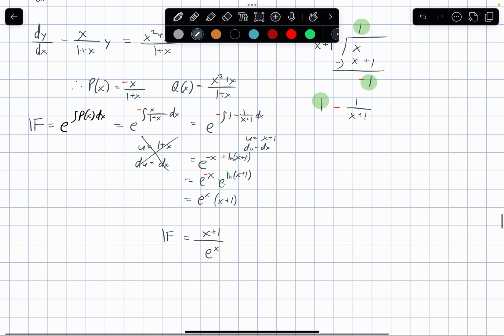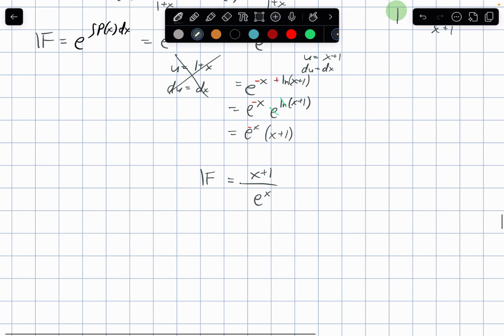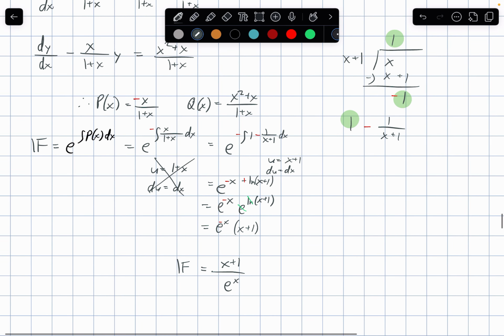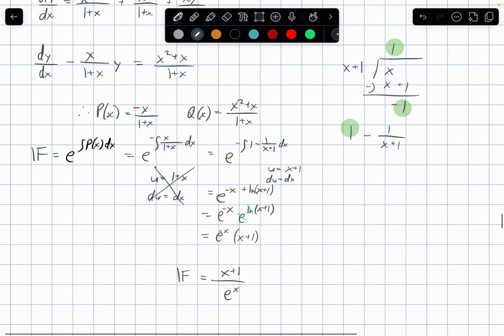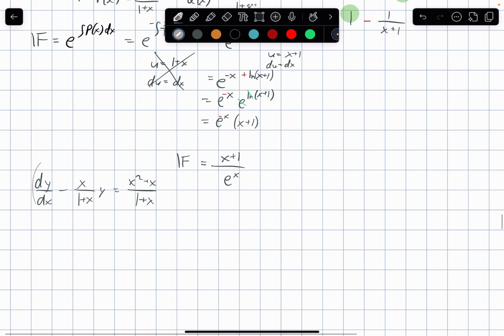We're good. Now that we have identified the integrating factor, let's write again the standard form. That is dy over dx minus x over 1 plus x times y equal to x squared plus x over 1 plus x. So multiply the entire equation by the integrating factor to make it exact.